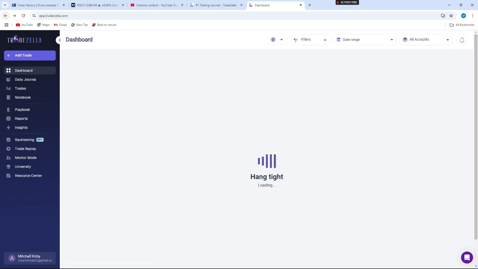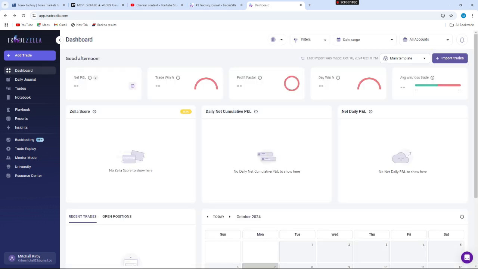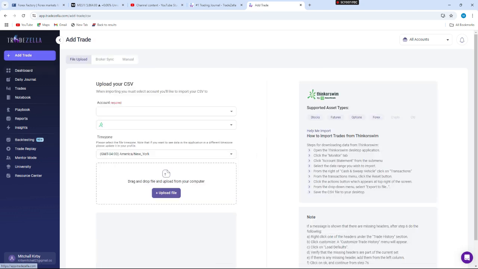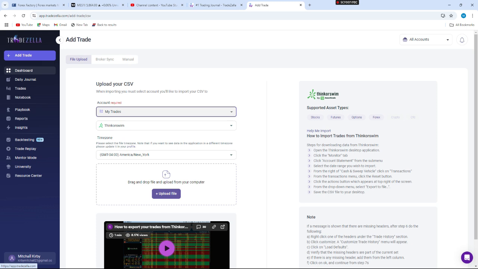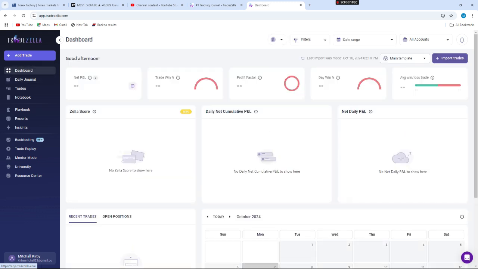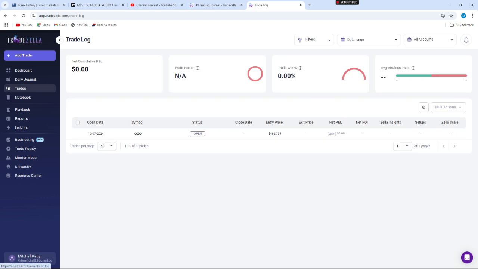But yeah, so I've added trades. The only thing is that you can't do backtesting on futures, which is annoying. But yeah, this is still quite a good platform. It's quite nice to look at.